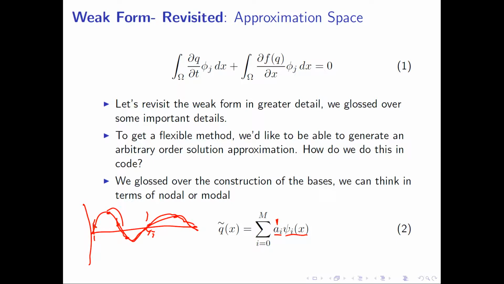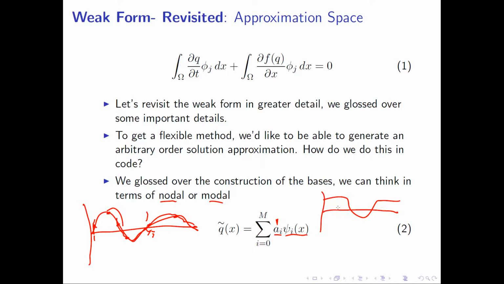We're seeking an approximation such that our interpolation satisfies at a particular set of nodes. We could instead take a modal approach. A modal approach essentially tries to take, again, let's say some sort of analytical solution, and break it down into a constituent set of modes.